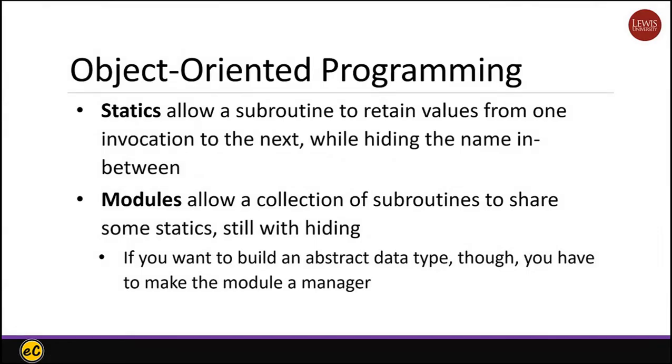Static is allowing a subroutine to return the value from one invocation to another, while hiding the name in between. Module is a collection of subroutines that share some stacks. Okay, this actually is a definition of what is static. Static is some memory that's stored in the global area.